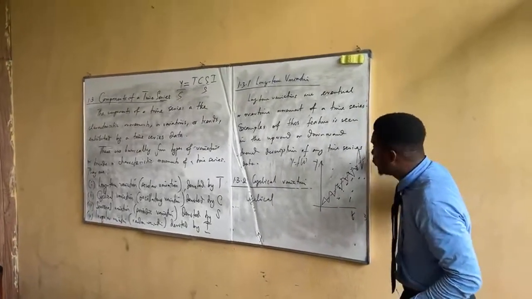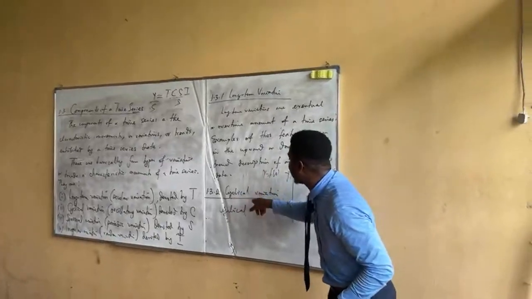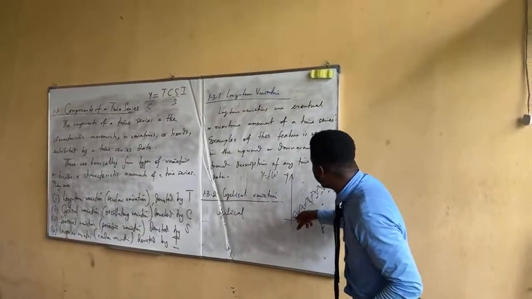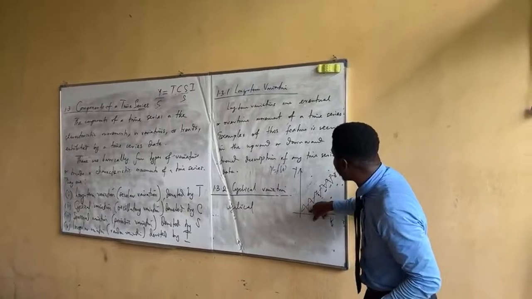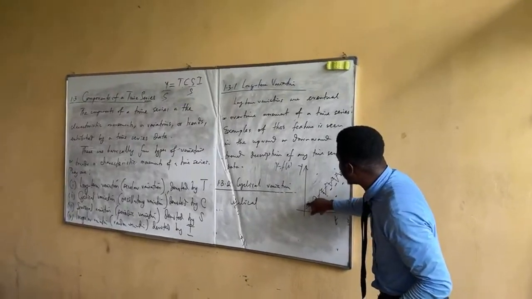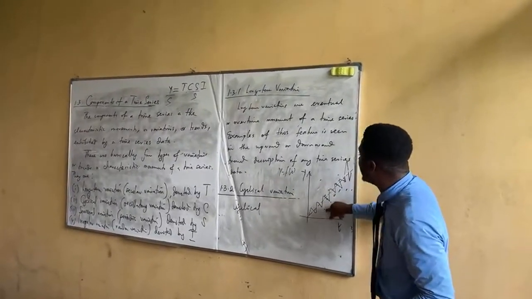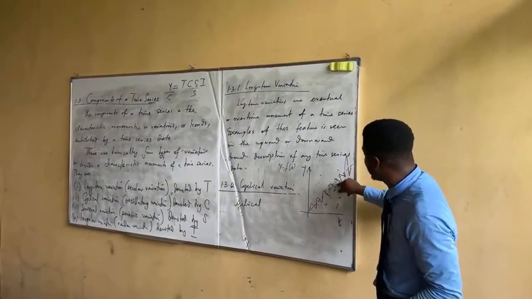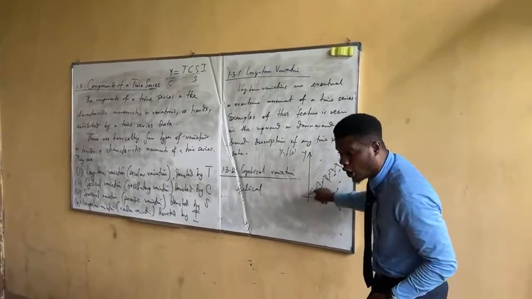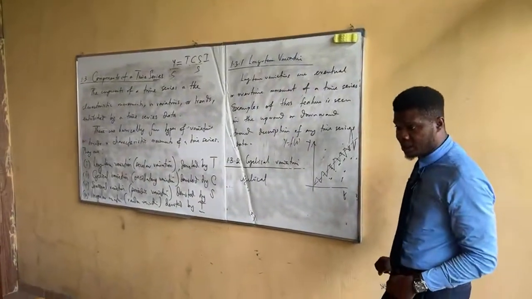So what we call the cyclical variation are usually patterns exhibited like this, such that the observations go above and below, or oscillate about, the long-term trend line. Is it clear?